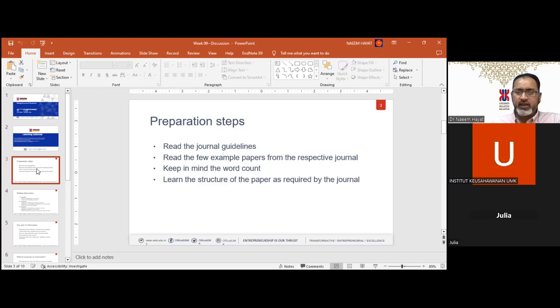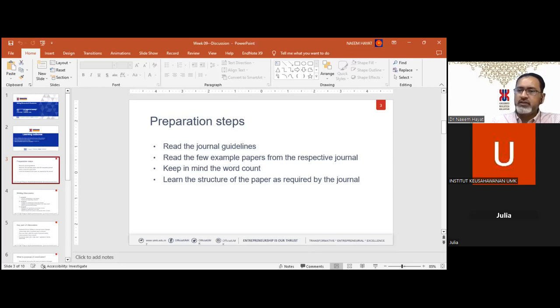Last month, I had one paper that was 13,000 words, and we needed to reduce 5,000 words to bring it down to 8,000. It's a very difficult task.